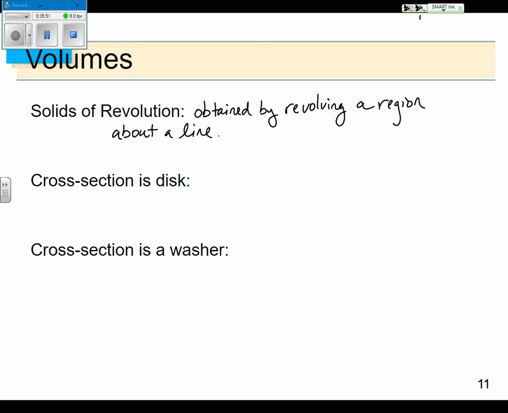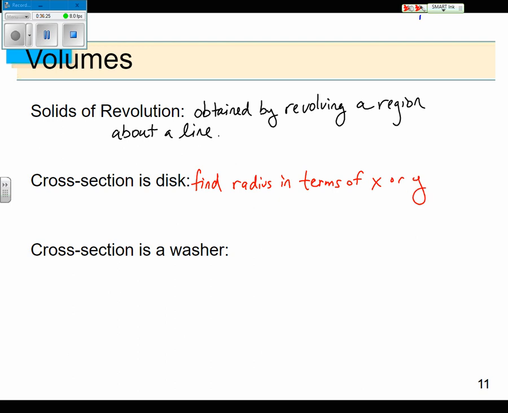As you saw in the last example, we really hope that line is the x or y axis, and it will be a lot of the times, but there's going to be a couple where it might be the line y equals 2 like we had on the last one. Now, I like it when the cross section is a disk. Remember how we did this: we find the radius in terms of x or y.